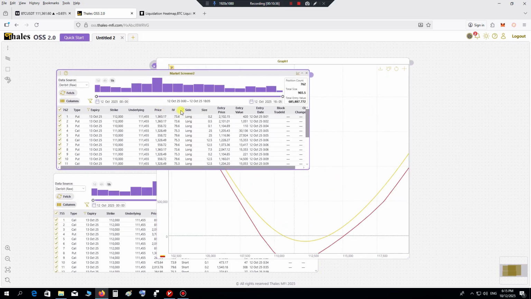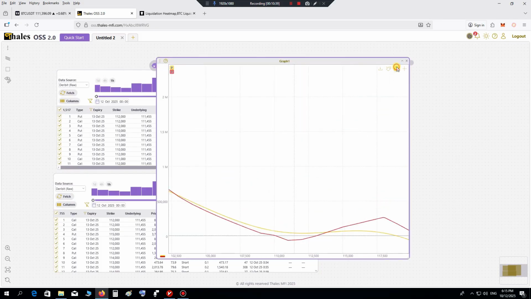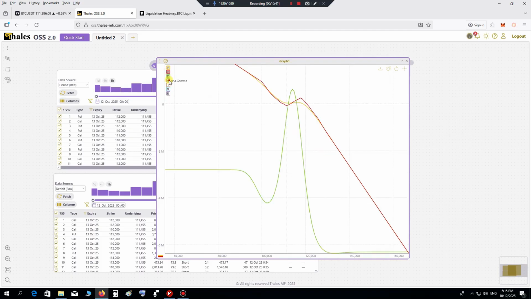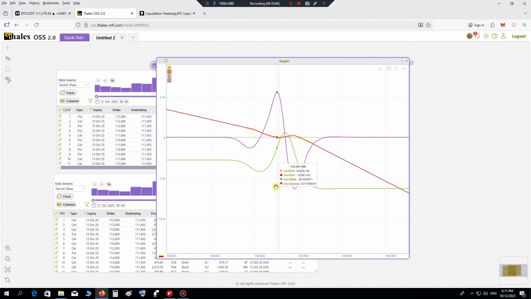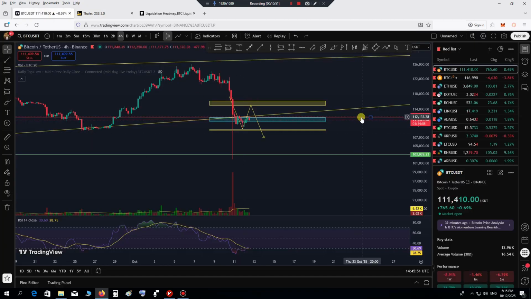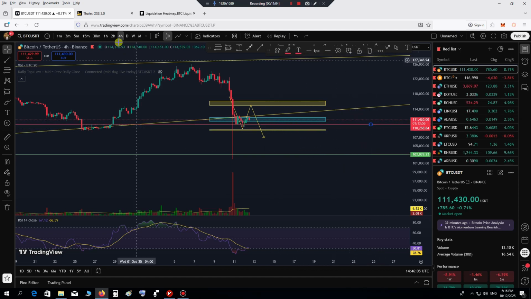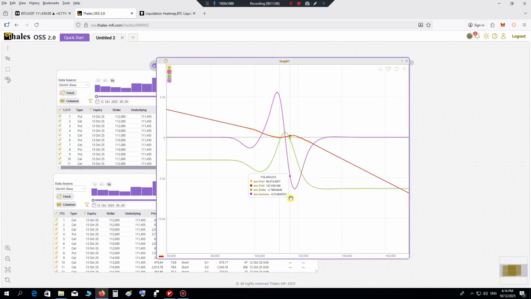Let's remove this, like this, and as for delta gamma, as we mentioned, right now we're heading downward with this gamma. At 110 and 300, there's a gamma short for the 110 micro, and at 300, right around here, we have a gamma long for the upper micro at 118 and 500.